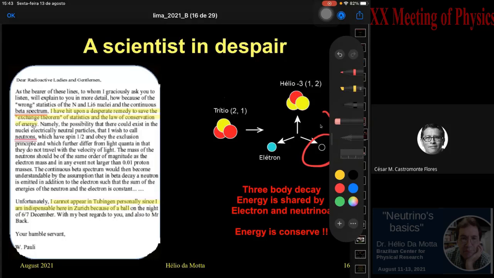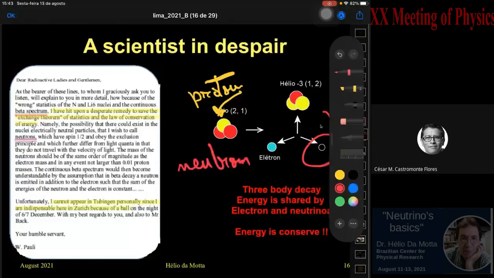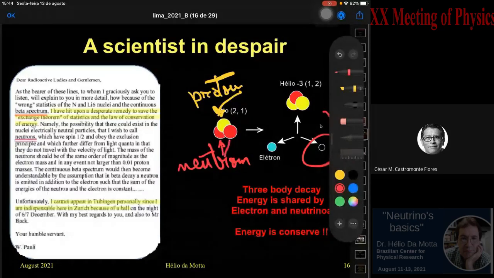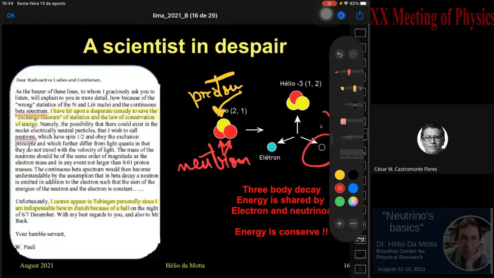Say, like your proton. Is a proton. And here's a neutron. Thus, this is a hydrogen with 2 neutrons, a tritium.